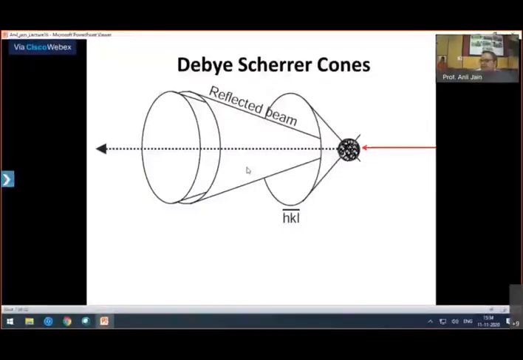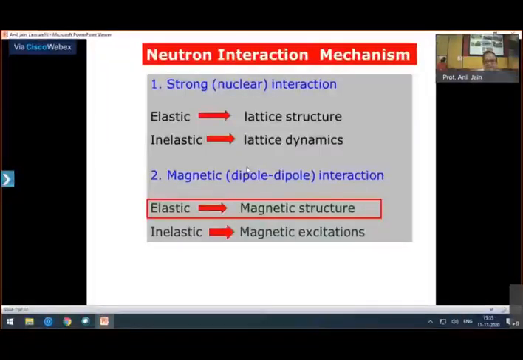And determining the magnetic structure is a determination. To determine the magnetic structure, first of all you should know your crystal structure precisely, and only then can you proceed towards determining the magnetic structure. I think this part you know.